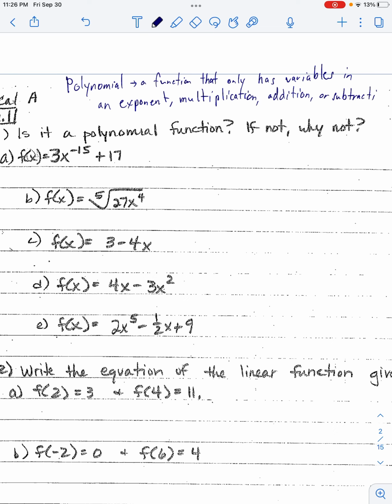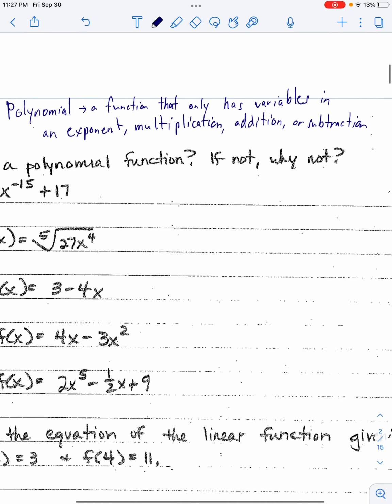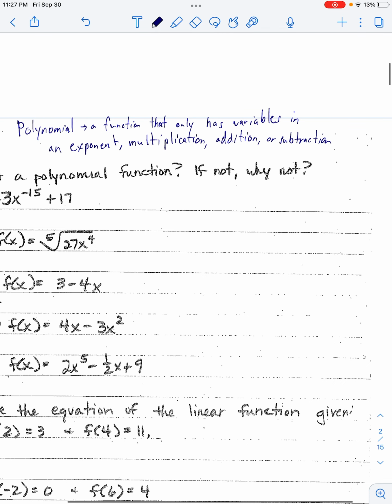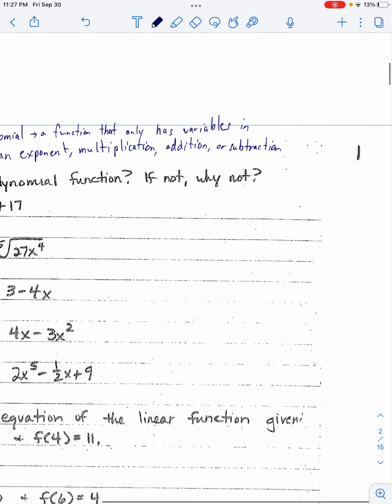Can't divide by an exponent. That's a reciprocal function. That's not a polynomial function. So a polynomial is a function that only has variables in an exponent, multiplication, addition, or subtraction, okay?